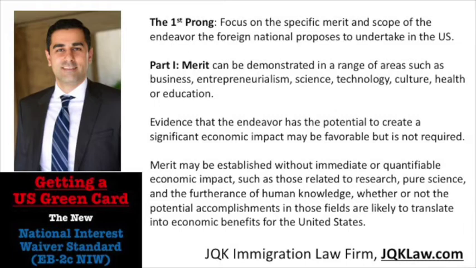Evidence that the endeavor has the potential to create a significant economic impact may be favorable, but is not required. Merit can be established without immediate or quantifiable economic impact, such as those related to research, pure science, and the furtherance of human knowledge, whether or not the potential accomplishments in those fields are likely to translate into economic benefits for the United States.